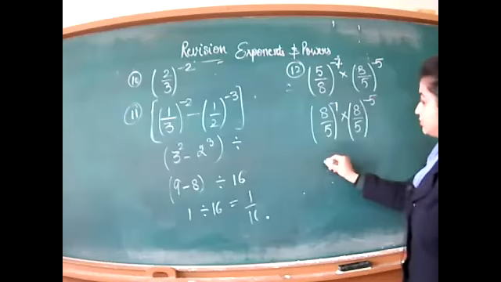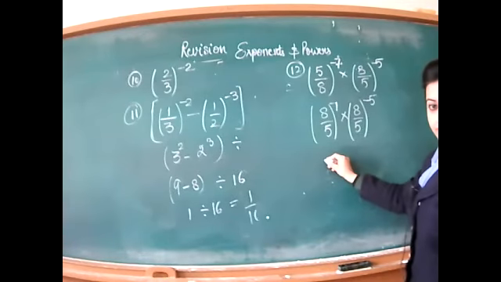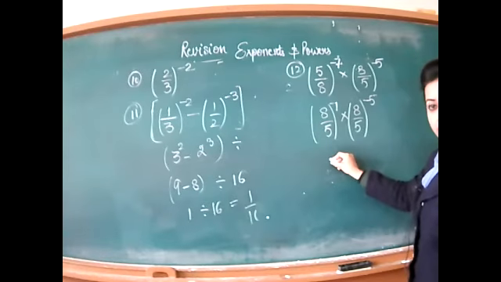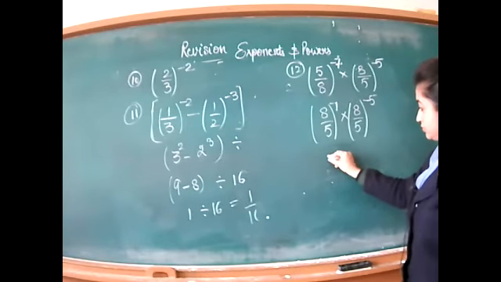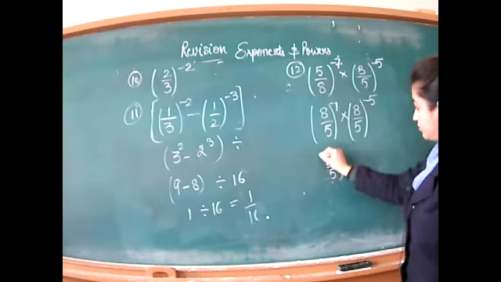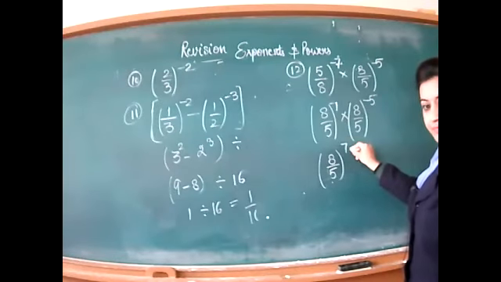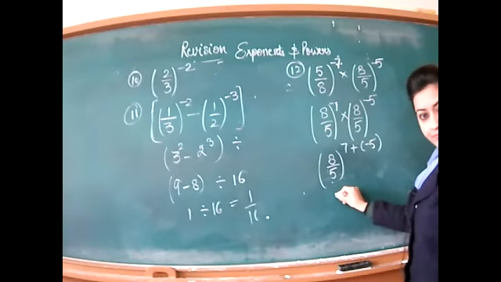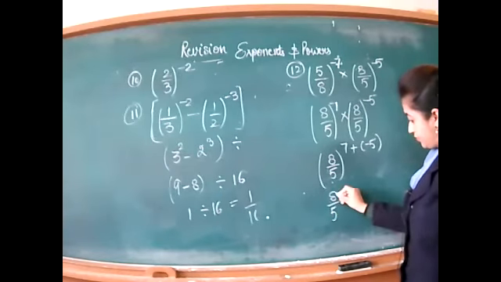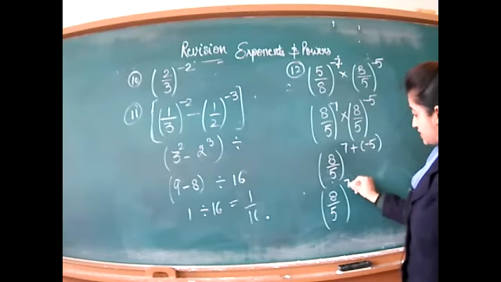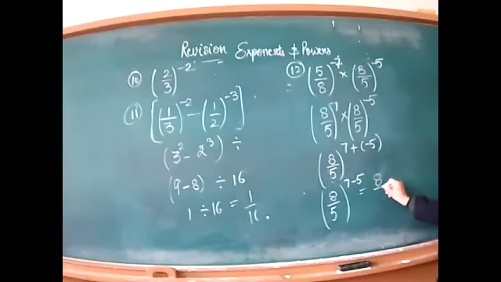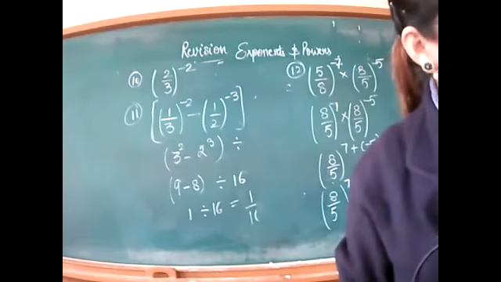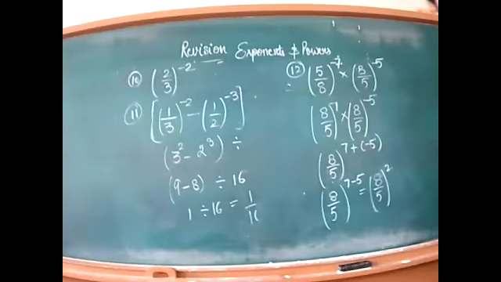Bases are same, so powers get added. 8/5 common, power 7 plus -5, is equal to 8/5 raised to power 2, which is 64/25.